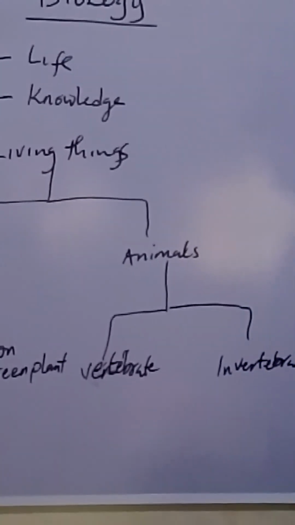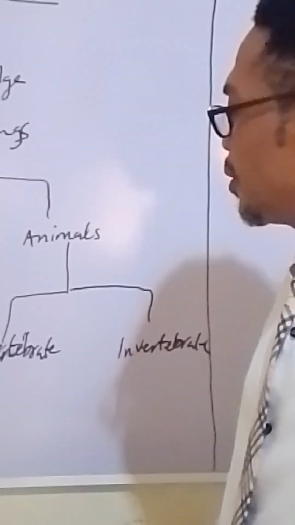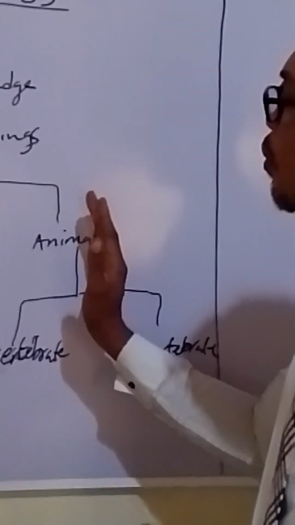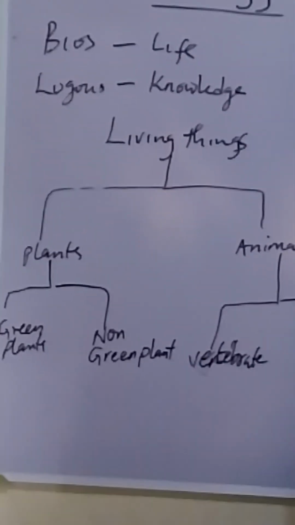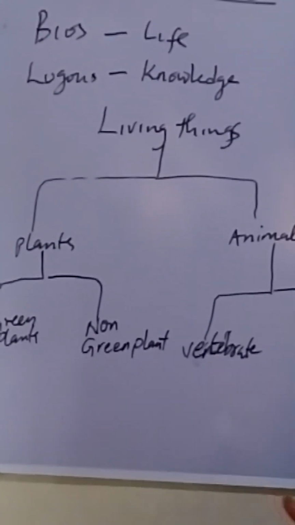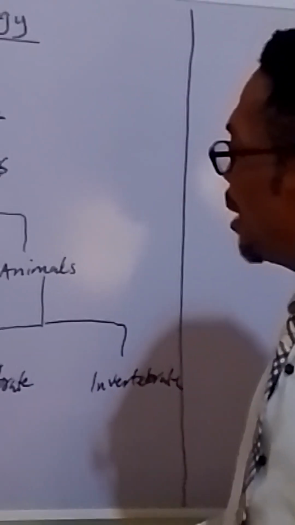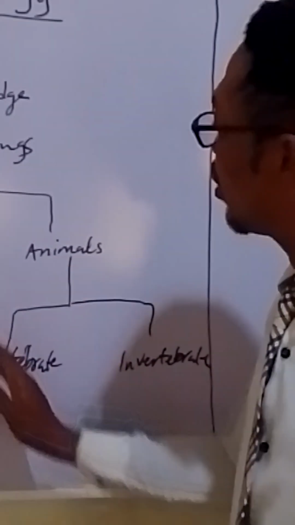Okay, if we take these classifications, you can see that these things can be further classified, and we will be taking them one after the other. But I'm interested in the one that brought human beings into study for now, although we will take all of them.